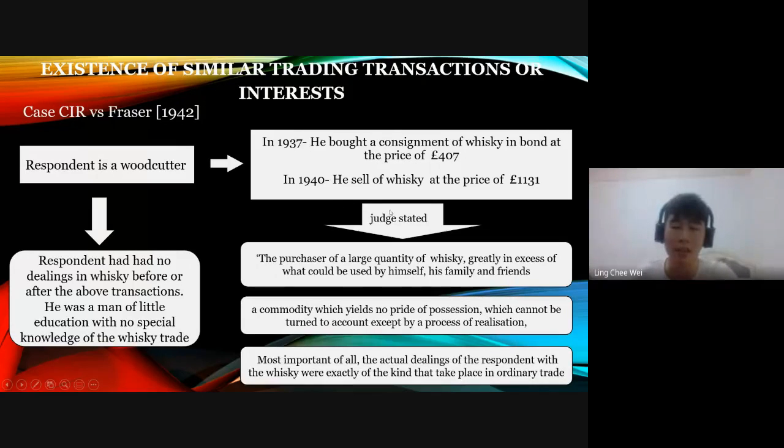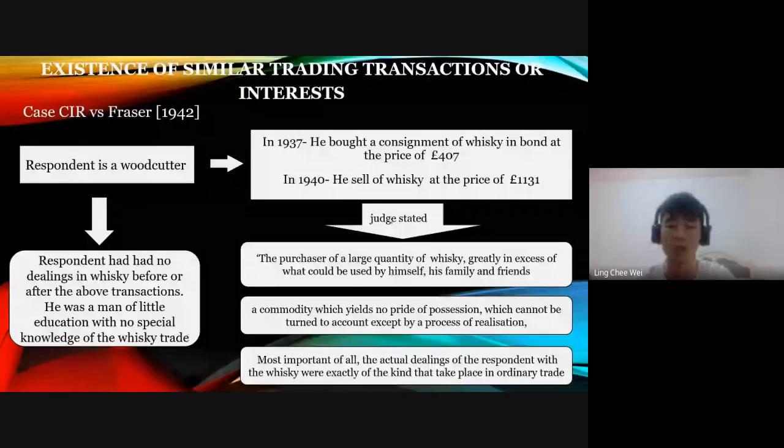And from here, the judge said that the purchaser of a large quantity of whiskey, greatly in excess of what could be used by himself, his family, and friends. It means that this large whiskey already exceeds what he can use. And a commodity which yet has no pressure of position, which cannot be turned to account except by a process of realization.